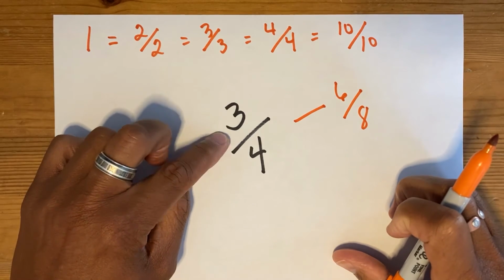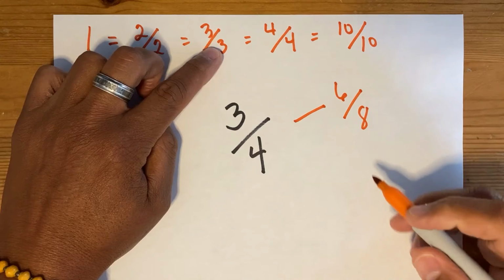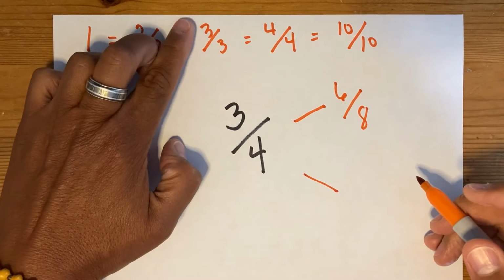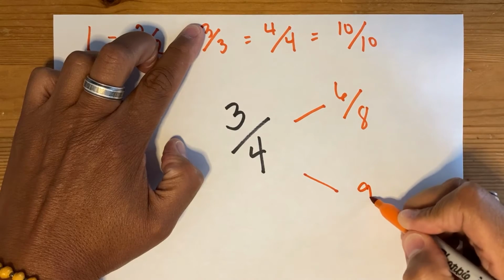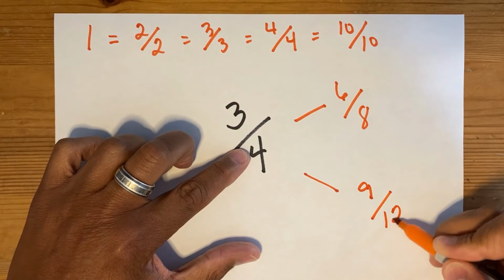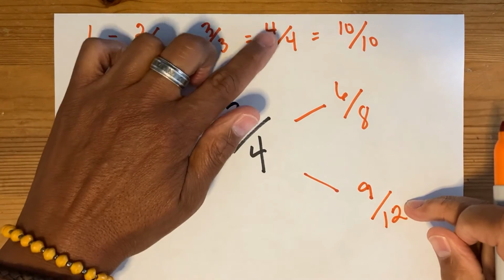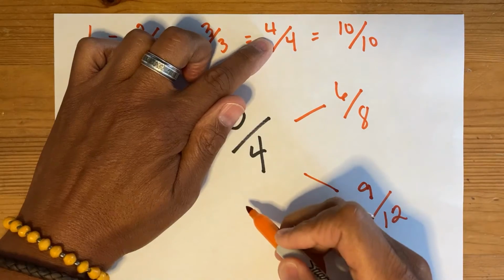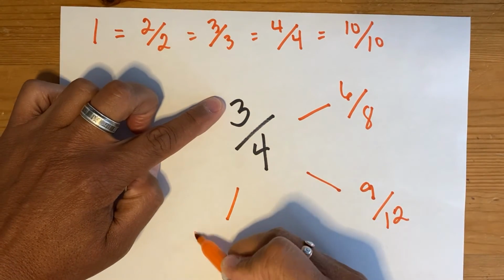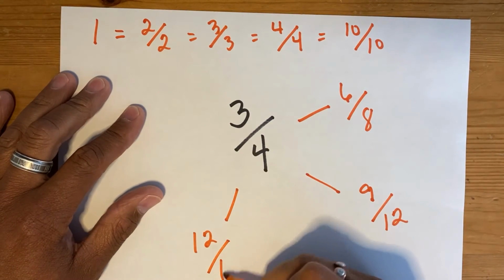If I multiply 3/4 times 3/3, which is 1, I'll still get 3/4. 3 times 3 is 9, and 3 times 4 is 12. So 9/12 is the same as 3/4. If I multiply it times 4 over 4, 4 times 3 is 12. 4 times 4 is 16.